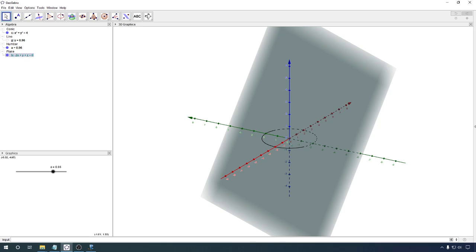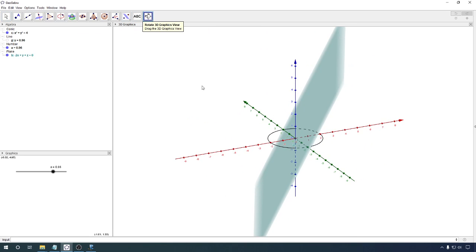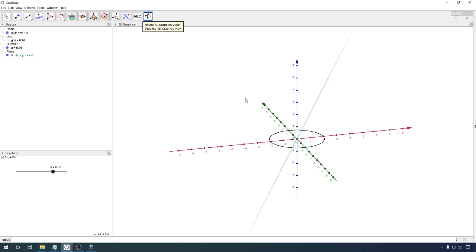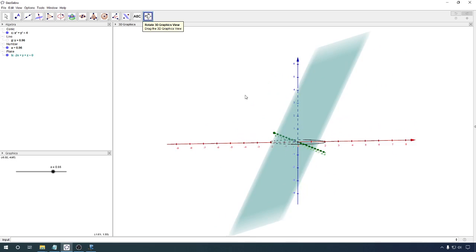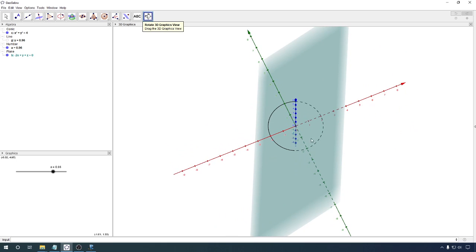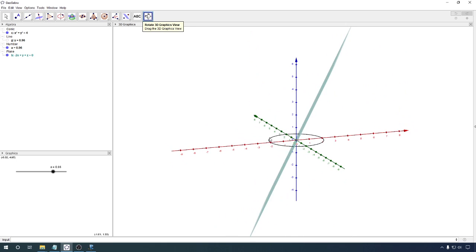So z equals 2x minus y is a plane. It cuts through our circle, and if you look at the part that's inside that circle, half of it is below the xy plane, and half of it is above the xy plane.